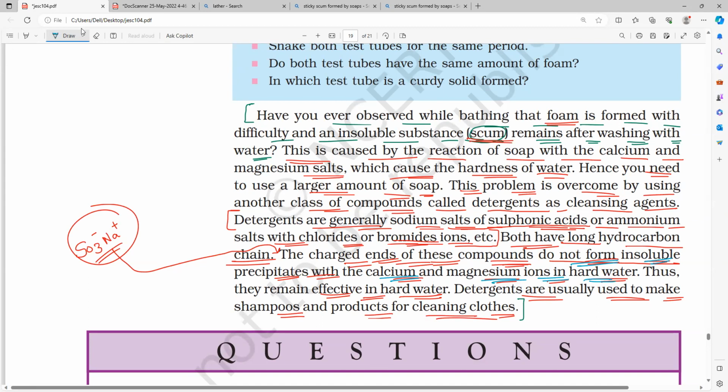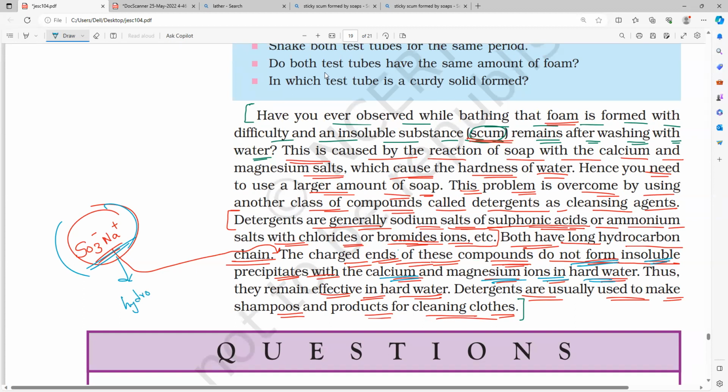They cannot form precipitates with the calcium or magnesium ions in hard water, so they have a better cleansing action compared to soaps in hard water also. That is the reason we prefer detergents over soaps when dealing with hard water. I hope you are all clear. In the exam they will ask how to write it.